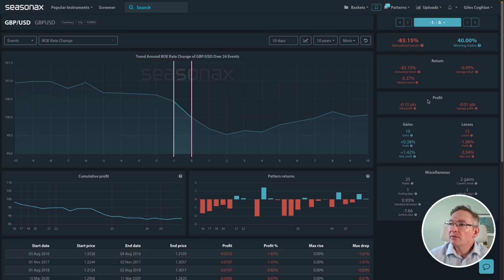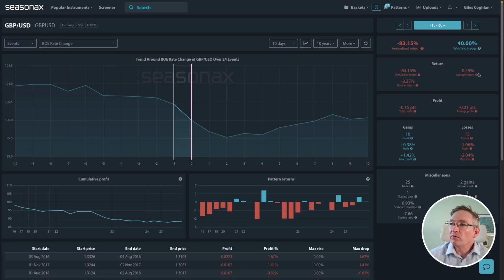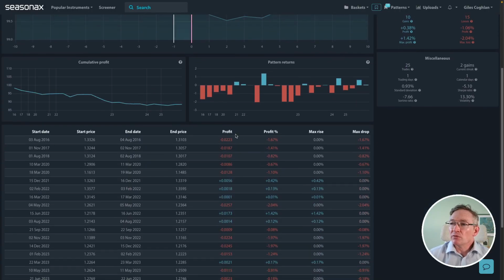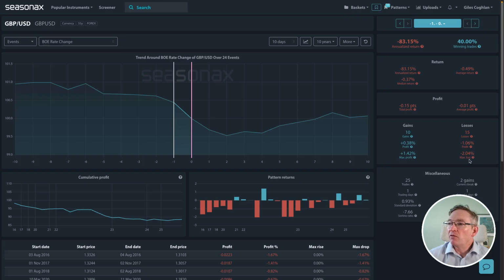So on the actual day, the average return is 0.49% negative. You can also see the maximum moves. The maximum fall on a Bank of England interest rate decision day was 2.04%, and the maximum gain was 1.42%. So this gives traders straight away a much better understanding of what can constitute a normal move, and what could be considered exceptional. You can see at a glance what the maximum gains and falls are.